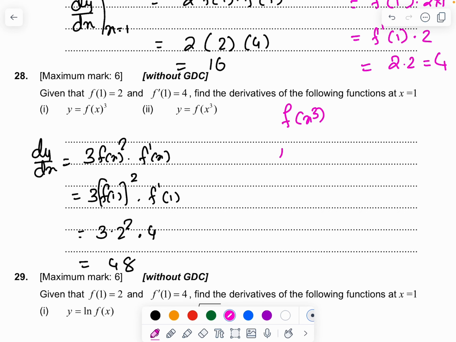Now f of x cube is only for x. So in that case, f prime of x cube, and x cube derivative is going to be nothing but 3x square. So f prime of 1 cube, which is 1, times 3 times 1 square. F prime of 1 times 3. F prime of 1 is nothing but 4.